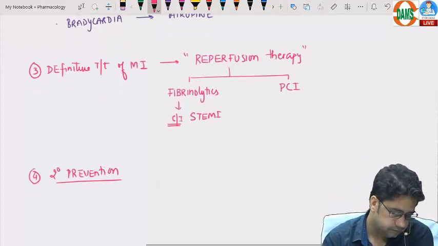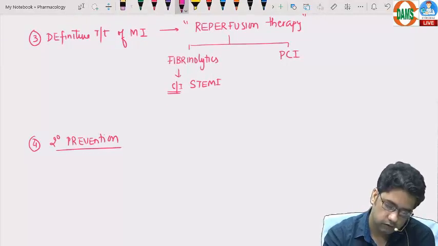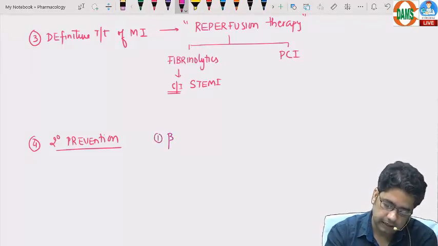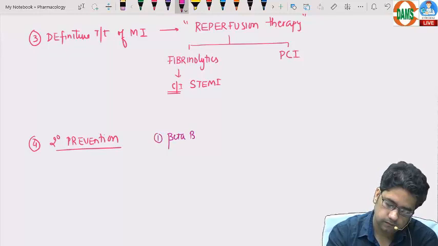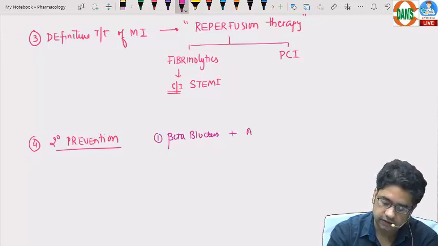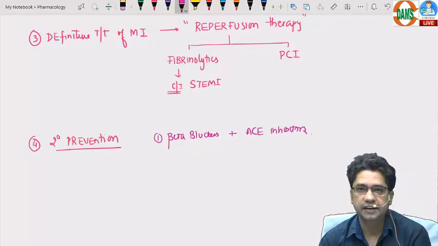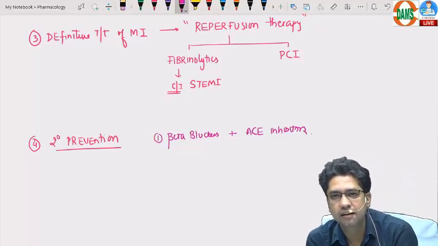Okay. Now, tell me, first thing, beta blockers and ACE inhibitors. Why? Because they will prevent cardiac remodeling.